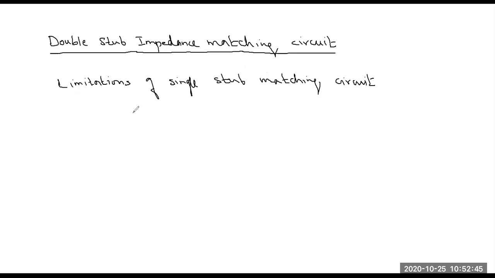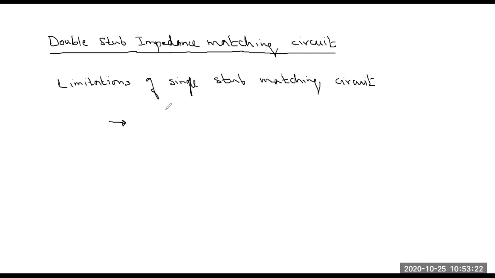Okay, so one of the limitations of single stub circuit is that if you design a single stub matching circuit and after some time the load impedance changes, as a result you have to change the position of the stub. So every time the value of the load impedance changes, you have to connect your stub to a new position, which means you have to remove the stub from its original position and then connect it to another new position.